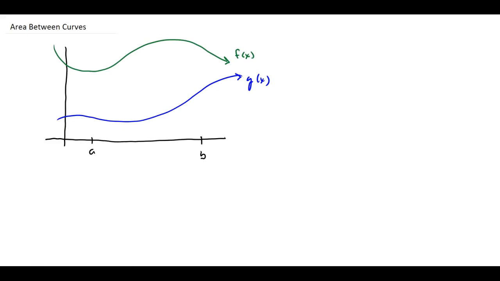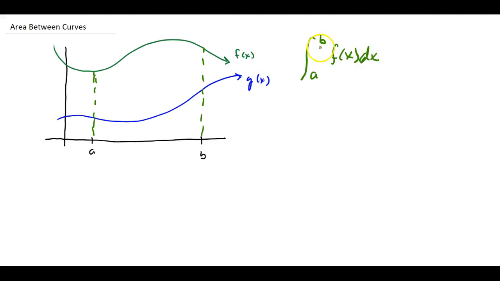Let's talk about how we can get the area between two curves using calculus. Hopefully you remember that the area underneath a function between a and b is the integral from a to b of that function.